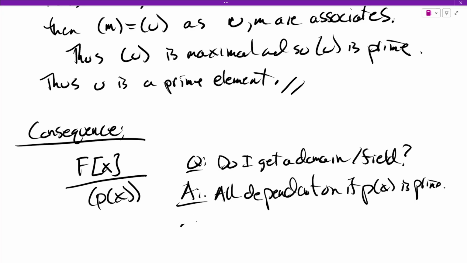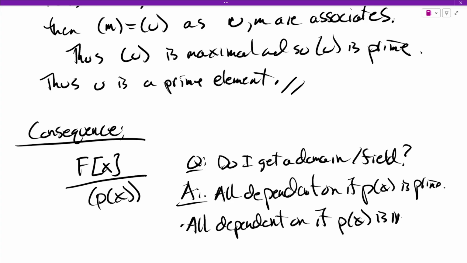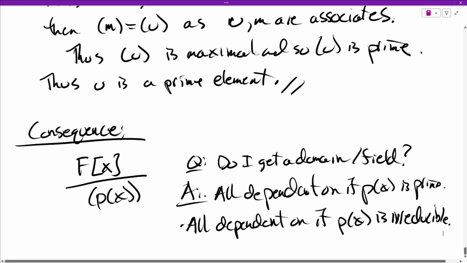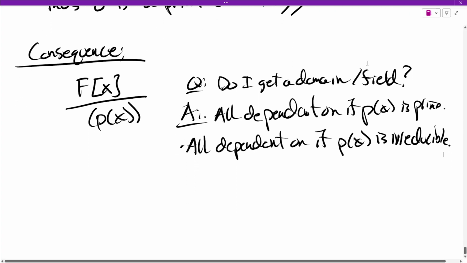It's actually dependent on an easier thing. It's all dependent on if P of X is irreducible. And so a consequence of what we've done is that this leads us to a new question.